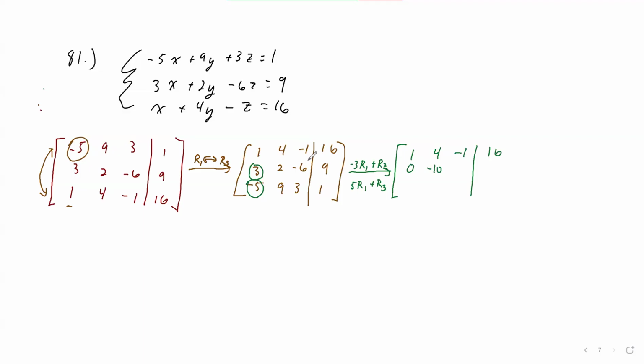Negative 3 times negative 1 is 3 plus negative 6, negative 3. Negative 3 times 16, negative 48. Negative 48 plus 9, negative 39.